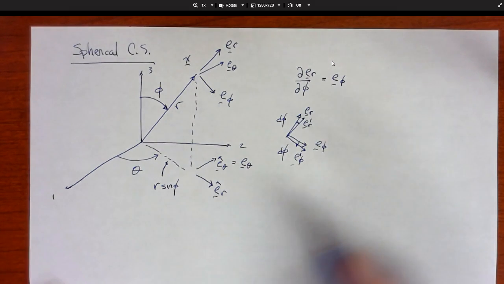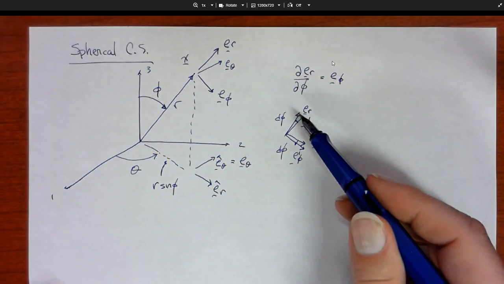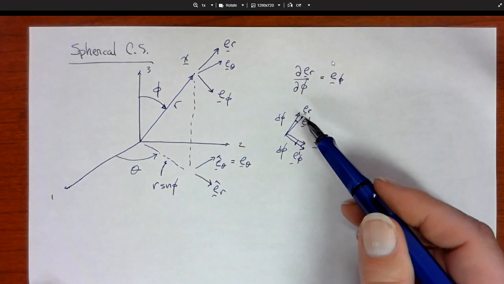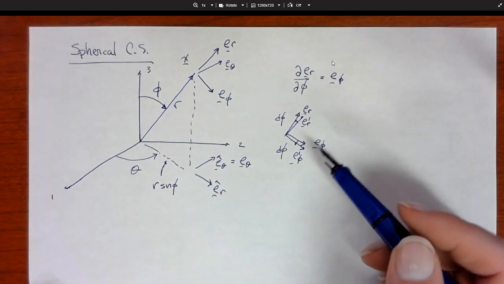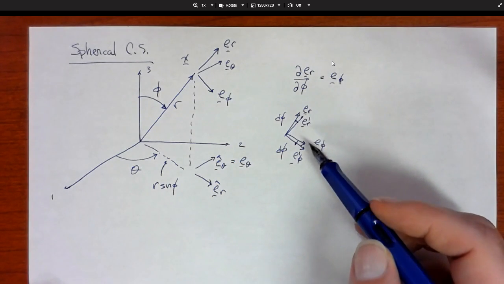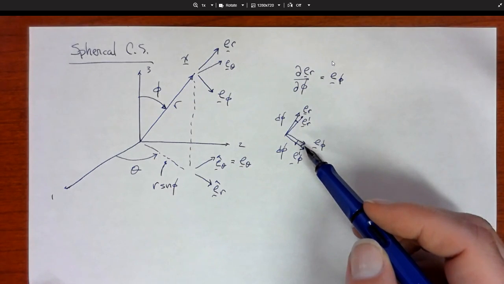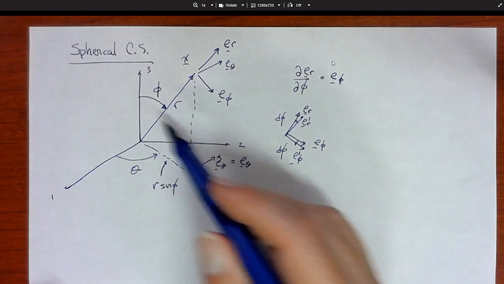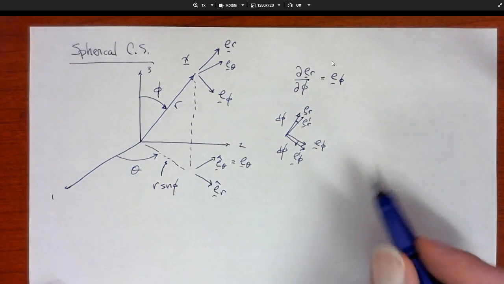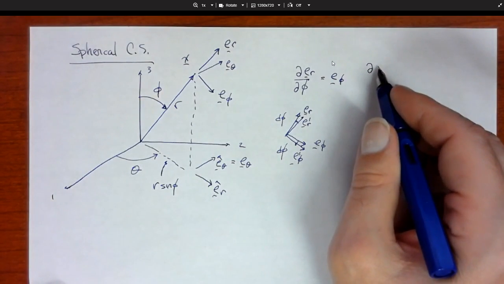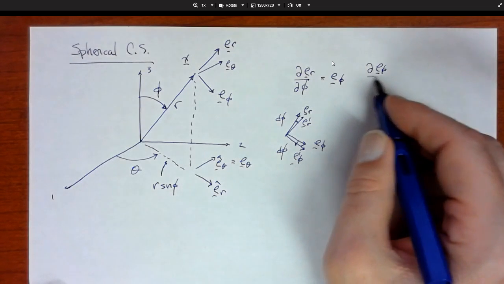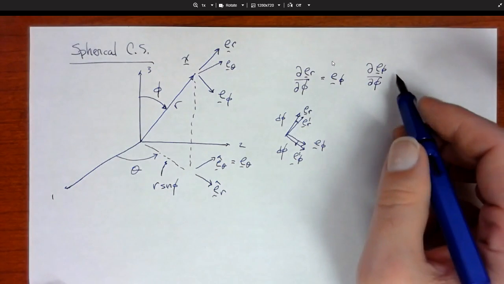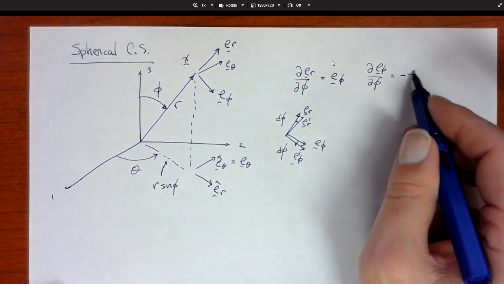So again, by the same logic, the derivative of ER as you move in the E phi direction turns out to be just E phi. Okay, as we perturb E phi by d phi, it's going to move in the minus ER direction. So we get dE phi over d phi. That's going to be minus ER.